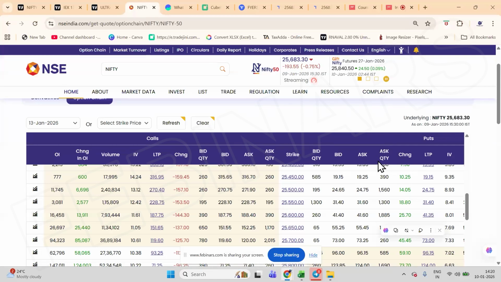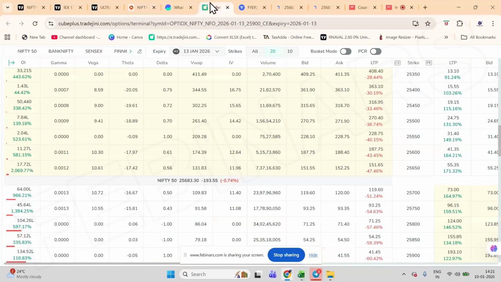Bid price is the buying price, the price the buyer puts. Ask price is what the sellers are selling at. Strike price is the strike price of the instrument. Underlying value is the spot price. Volume. So these are the parameters on the call side and put side one has to discover. How to do that in a simplistic way?